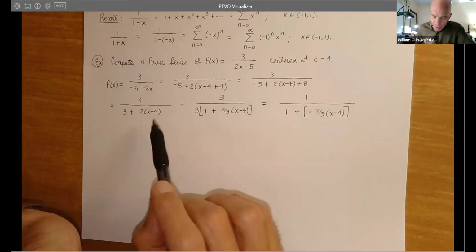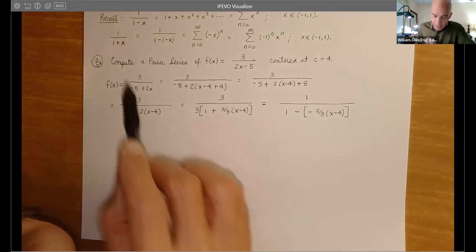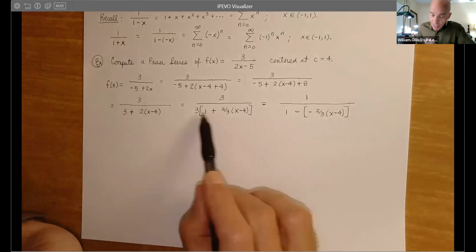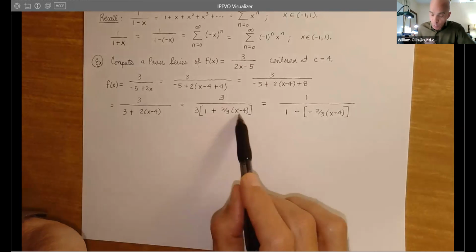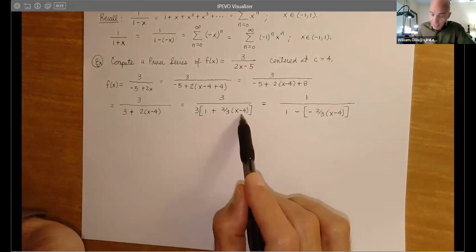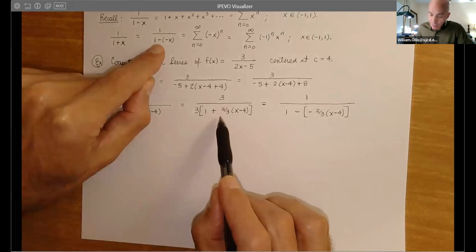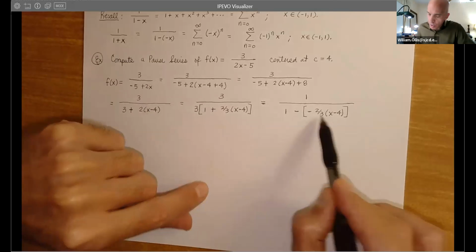Now, when we look at this, we're thinking, okay, let's go ahead and factor. Let's make this look like this. So let's factor the 3 out of both of these terms. So that's going to give us a 3 times a 1 plus a 2/3 times an x minus 4. So of course, when we multiply back through, we get exactly this. And now we want to introduce 2 negatives. The 3's go away. And when we look at this, we're good to go.